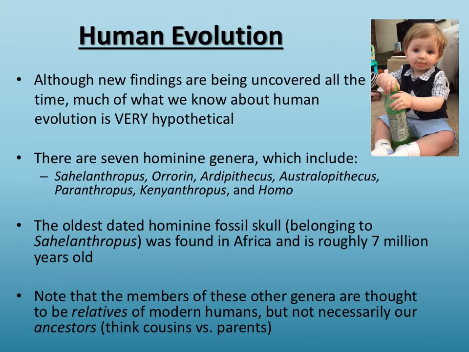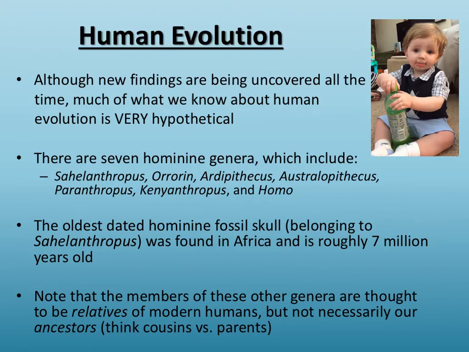Human evolution from this point forward is very, very hypothetical. We know a lot in the fossil record, but it's really hard to understand exactly how we got from this 6 to 7 million years ago hominin split to current modern day Homo sapiens. Now, scientists have laid out 7 different hominin genera.